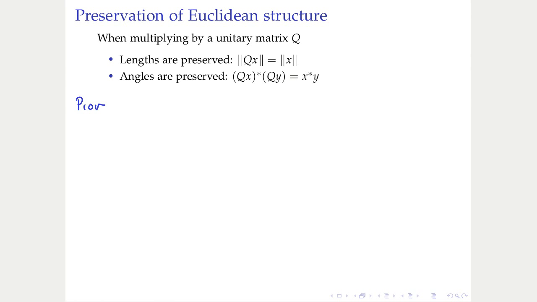So, prove that norm Qx is equal to norm x. How do you do that? Well, the norm of Qx squared, or the length squared, we know that's equal to (Qx)* times Qx.